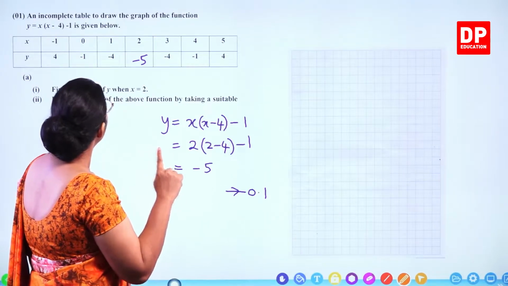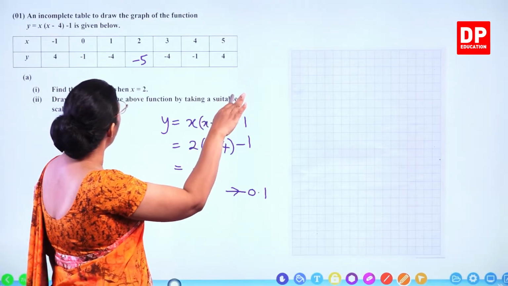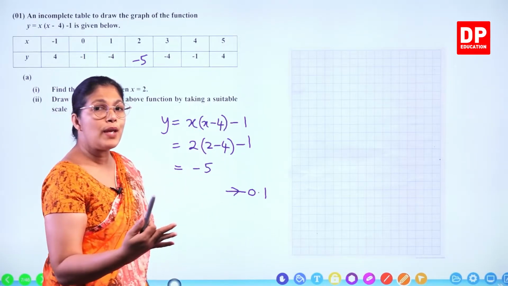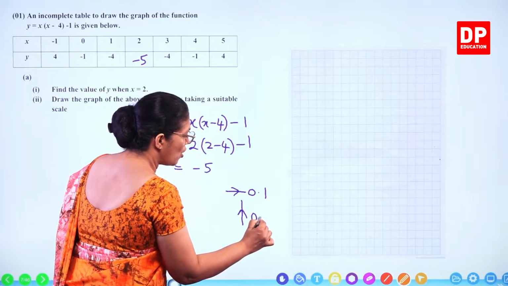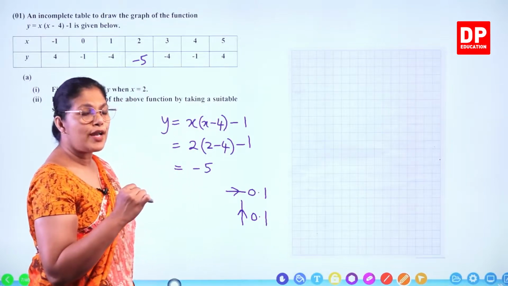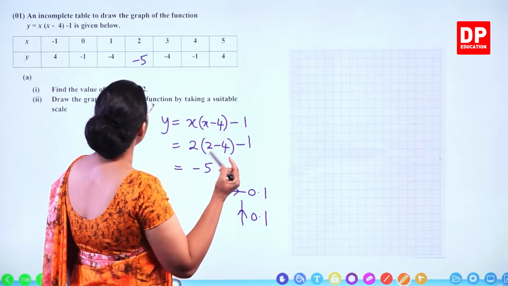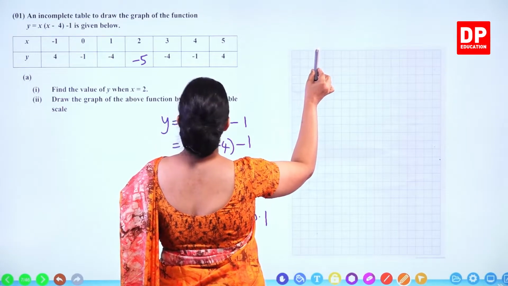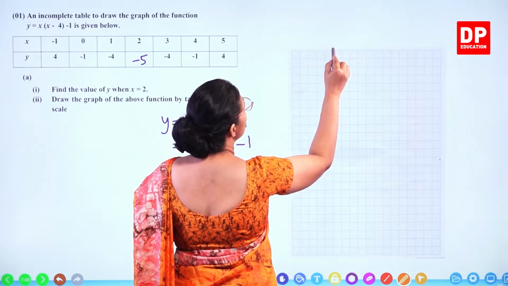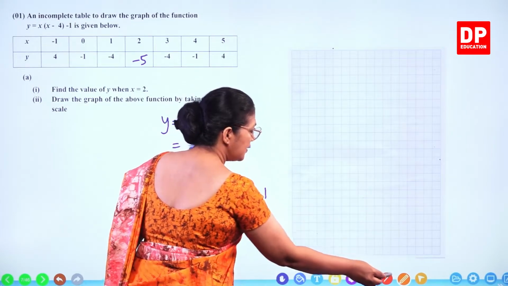Then for the other axis, you have to take 4 to minus 5. Again, we can take 10 squares, 1 unit. That means every very small square represents 0.1. So let's start here with minus 1. We'll take the y-axis somewhere here.